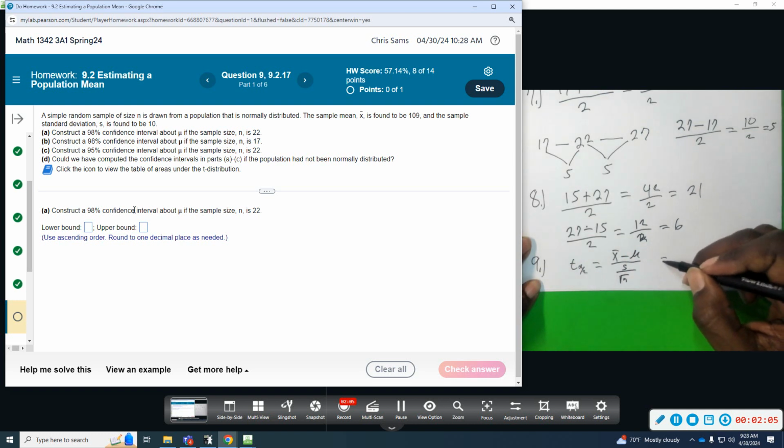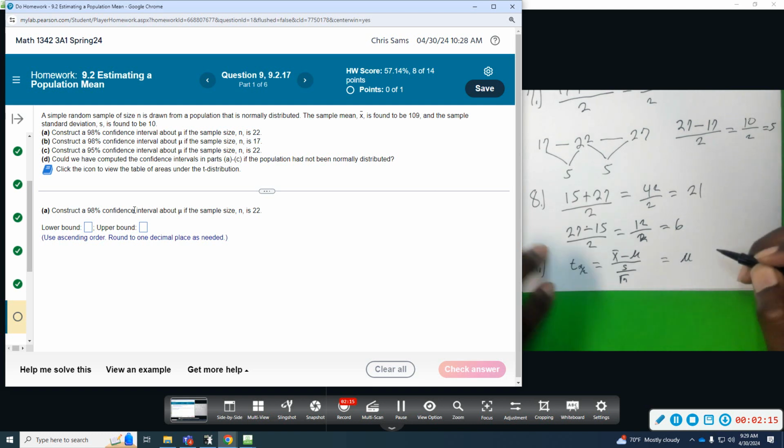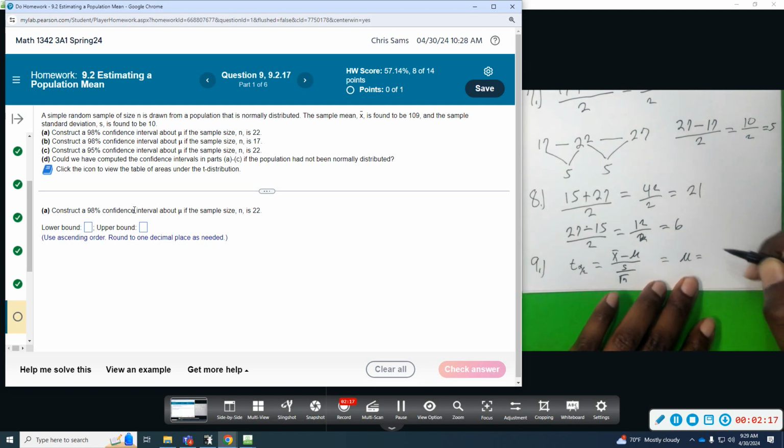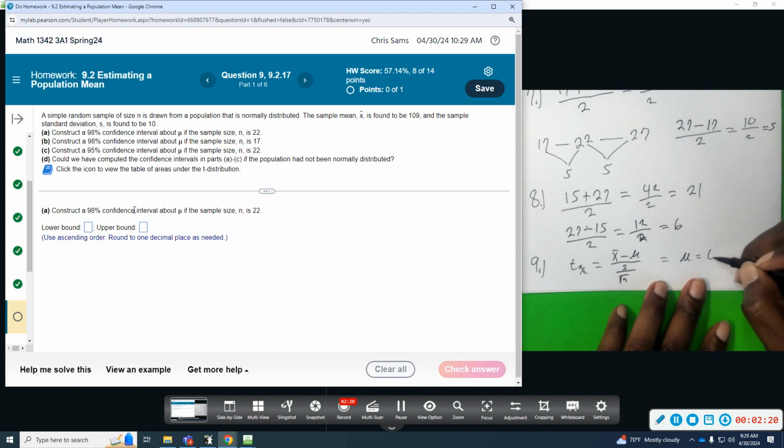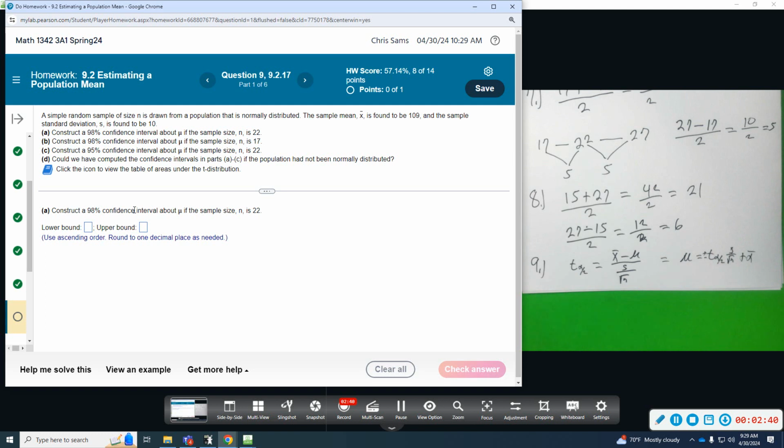So you get that the population mean, interval around it, is equal to the t alpha over 2 times the s over square root of n, plus or minus that, plus the sample mean. So the sample mean plus this and minus that, that's the formula.